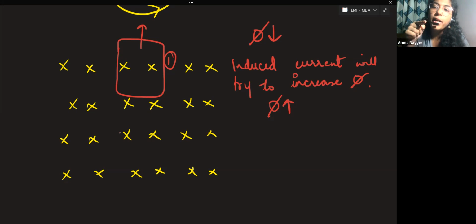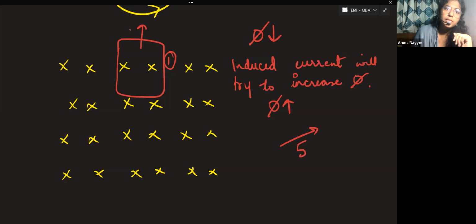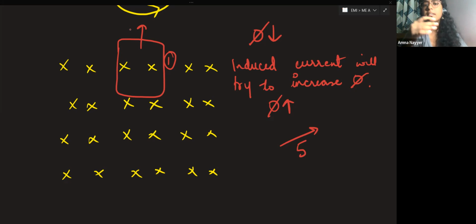So if the magnetic field is pointing into the page, inwards, let's say 5 magnetic field lines are moving into the page.